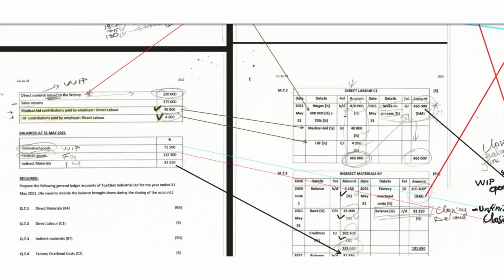What else is part of the direct labor? Medical aid, UIF contributions. These belong to direct labor as it's written there. You need to add them up together, right? And that's how you find what was the input that was sent into the working process.